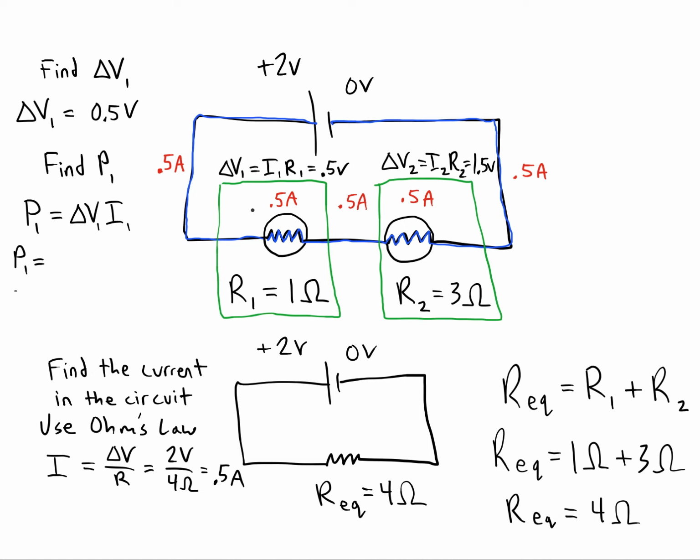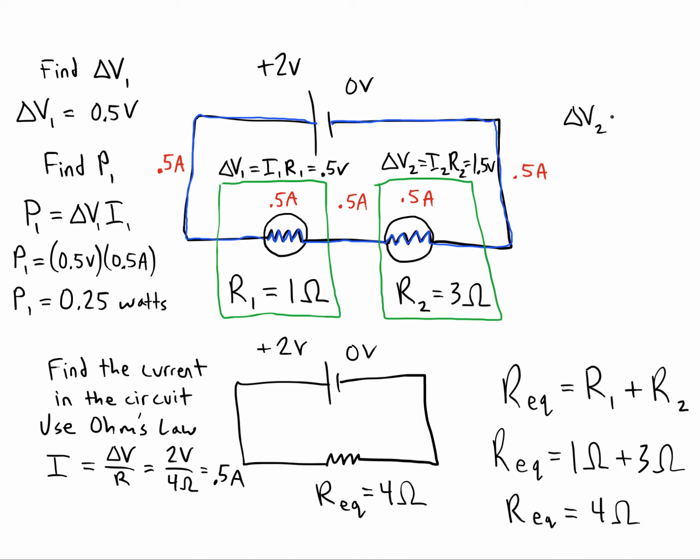So we dropped 0.5 volts across that bulb. The current was 0.5 amps. The power, therefore, will be 0.25, and power has the units of watts.